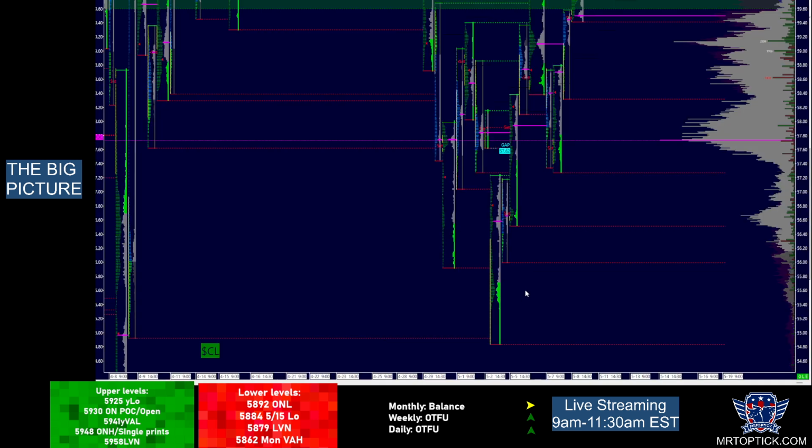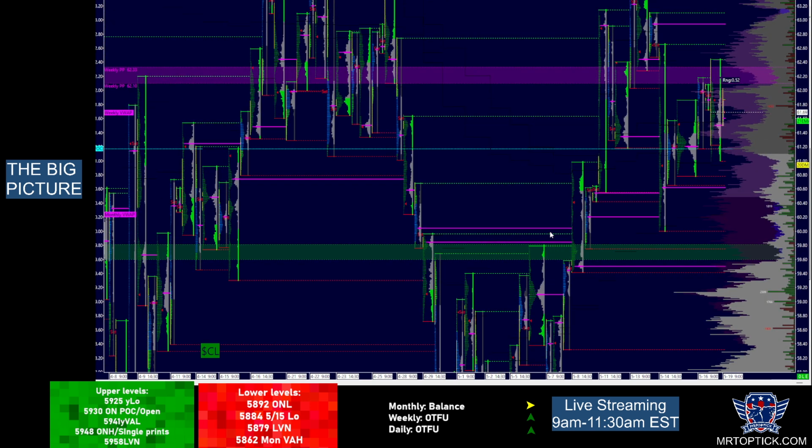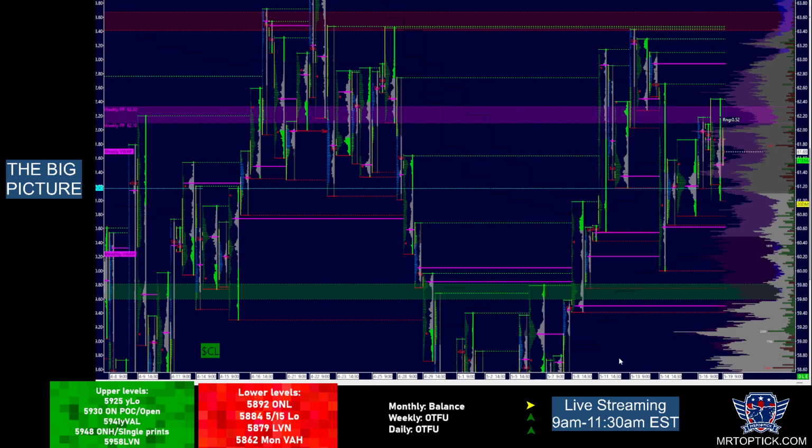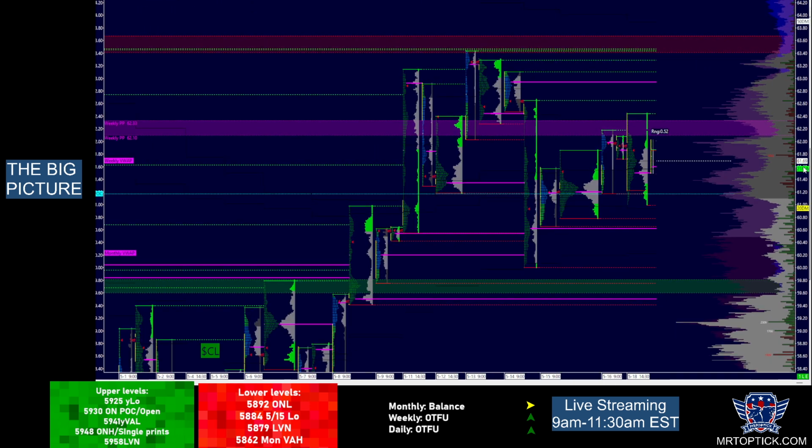Crude. Let's see crude. Like I said, I mentioned the other day that we're likely to establish this as the next area to trade back and forth, as a range. It looks like that's going to be the case for now.